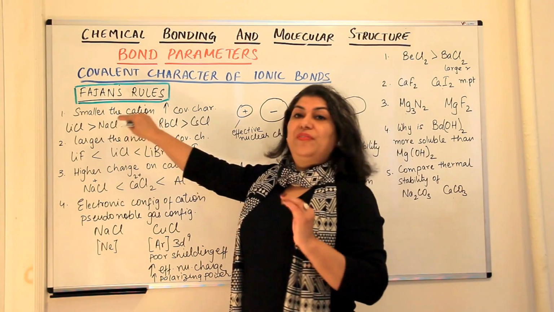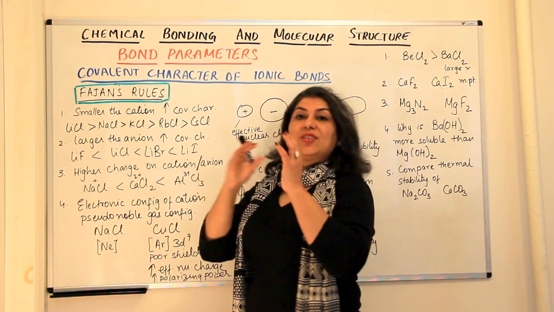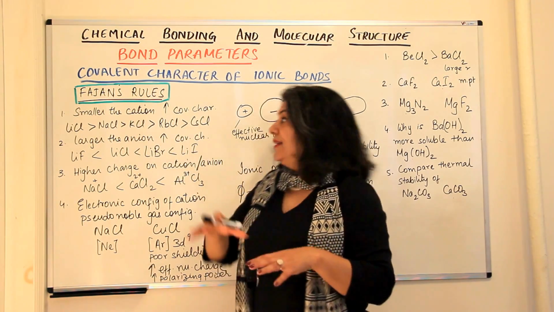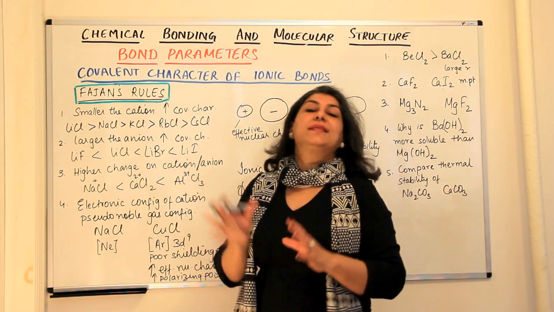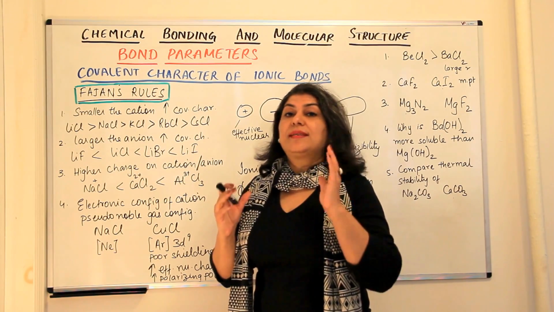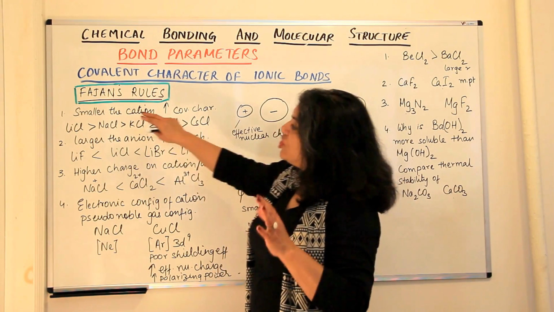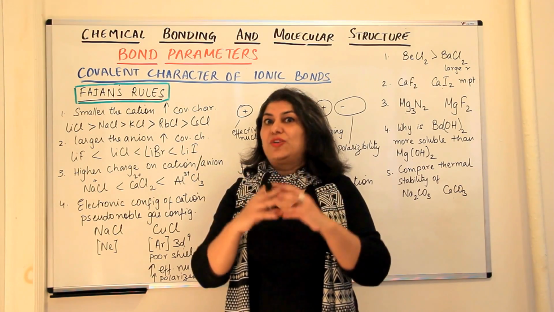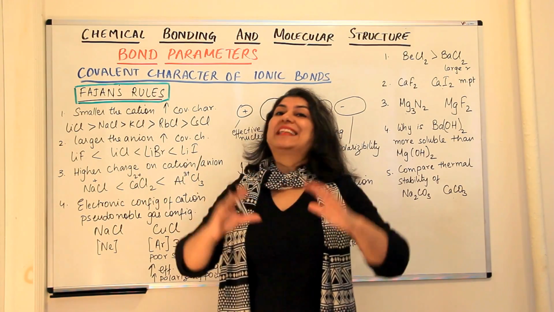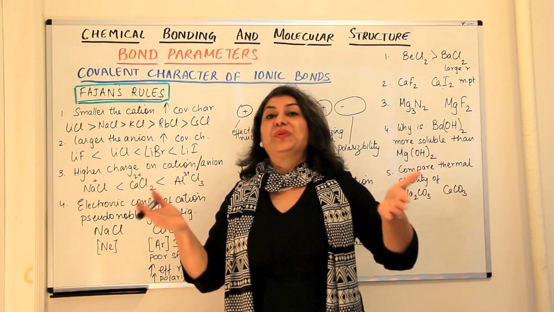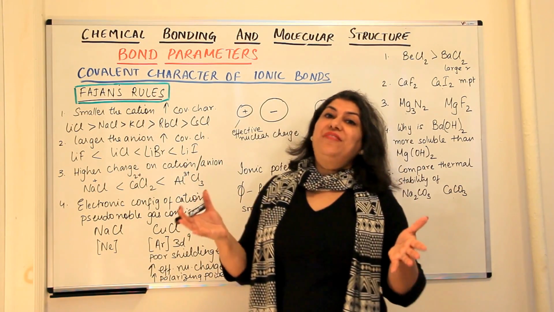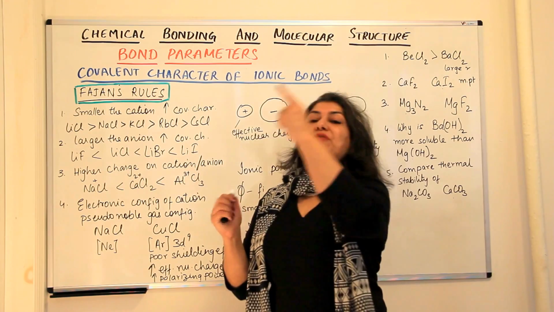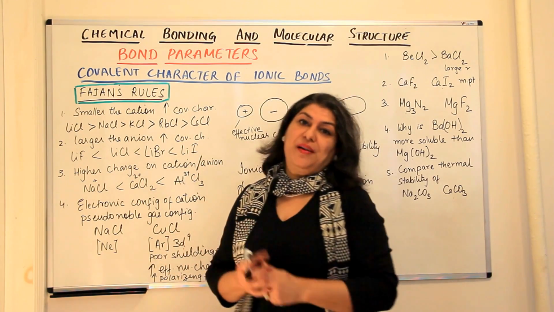The first Fajan's rule is that the smaller the cation, the greater is the covalent character. How do we understand this conceptually? The smaller the size of the cation, the closer the electrons are to the nucleus, and the greater is the effective nuclear charge, and the greater the effective nuclear charge, the greater would be its polarizing power.